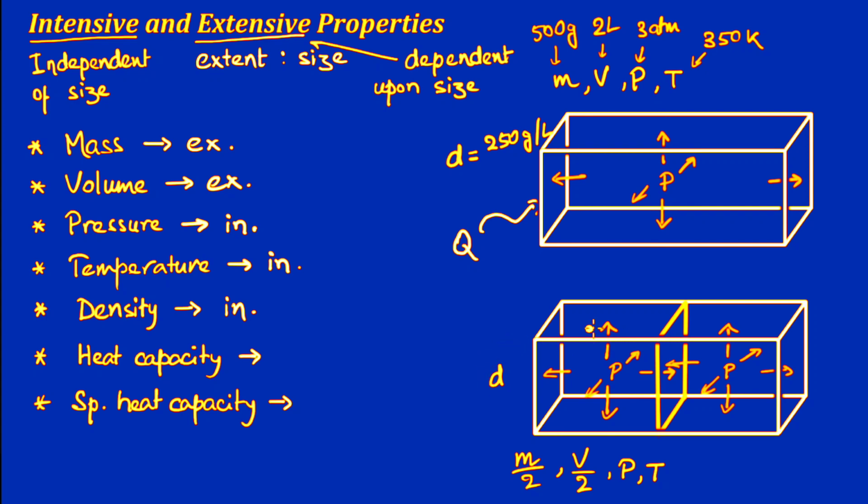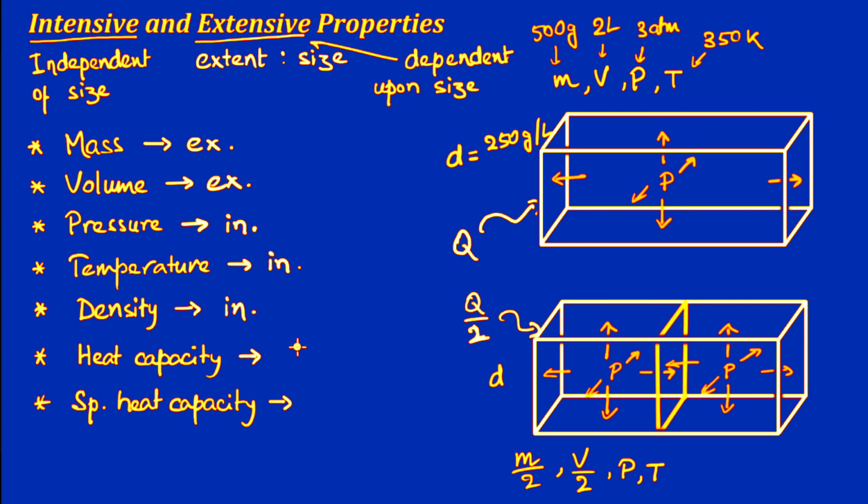To raise the temperature of this half of the sample, we are supposed to provide half of the heat, that is Q upon 2. That means heat capacity is a size dependent property, and it is an extensive property. So we need more heat to raise the temperature of the bigger sample by 1 Kelvin.